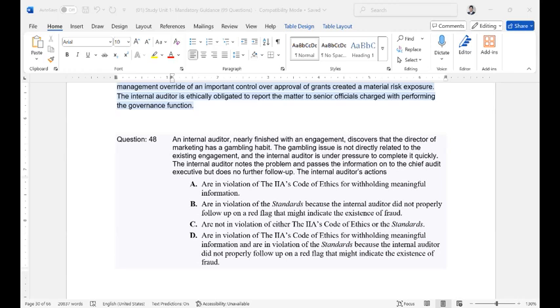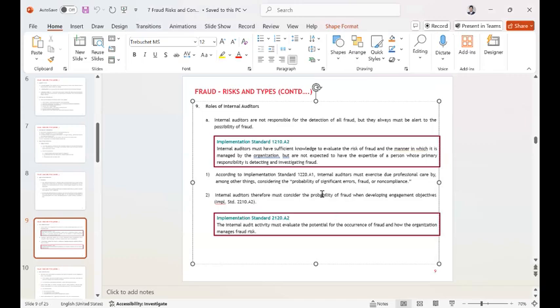Then there's another one. Internal auditors must consider the probability of fraud when developing the engagement objectives. Let's consider the probability of fraud. The internal audit activity must evaluate the potential for the occurrence of fraud and how the organization manages fraud risk. That is the slide that I read out to you now.